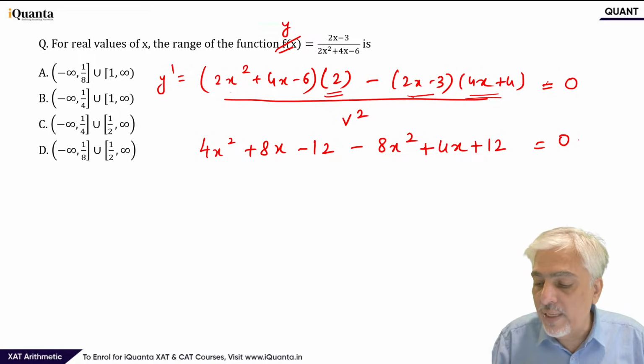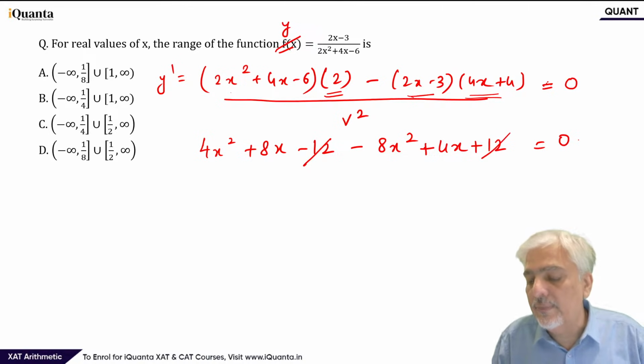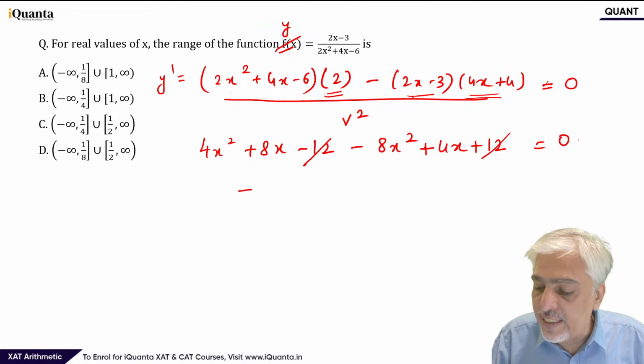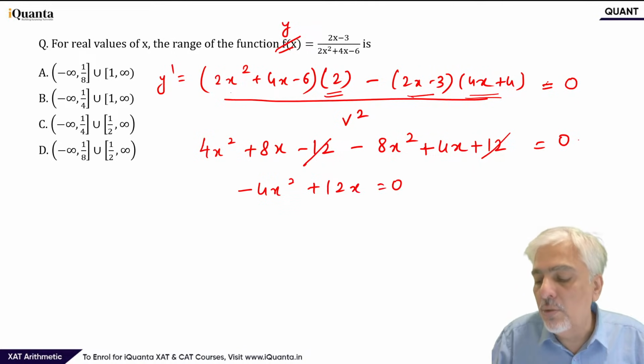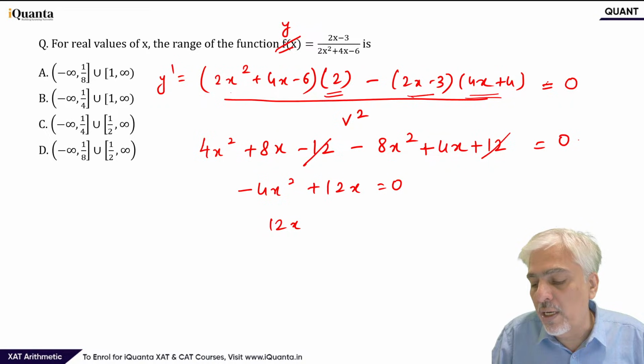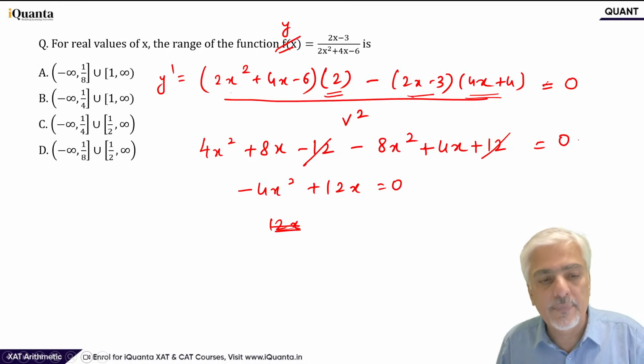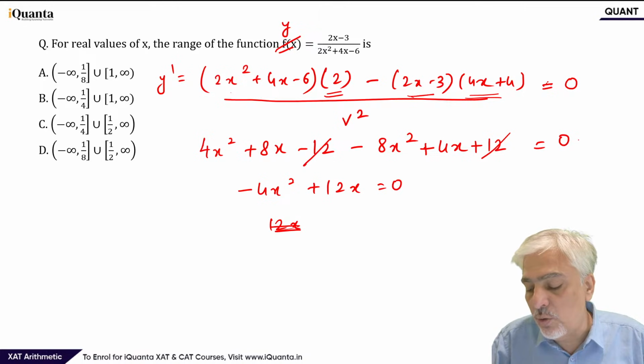Now what will I get? Minus 12 plus 12 is cut. So I get negative 4x square plus 12x is 0. If I take negative 4x common, so I'll get two answers, x is equal to 0 or x is equal to 3.